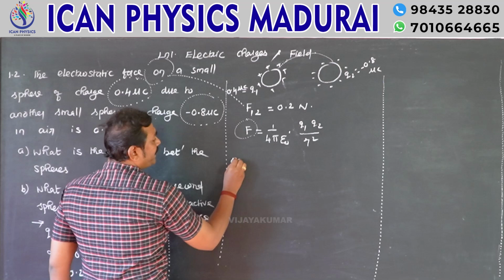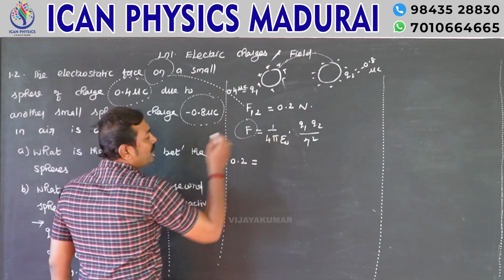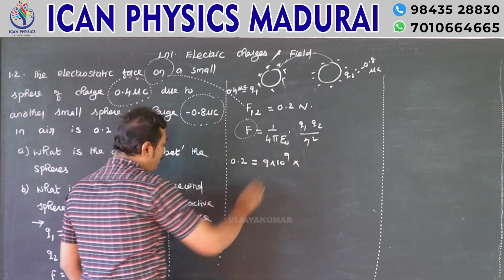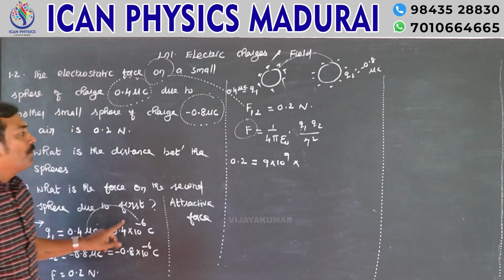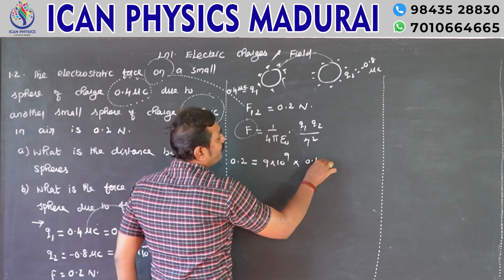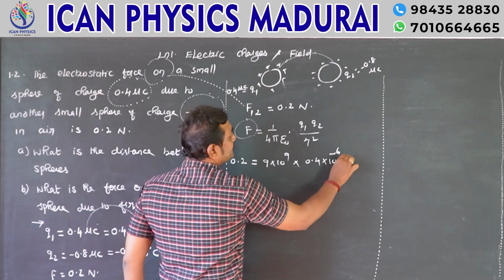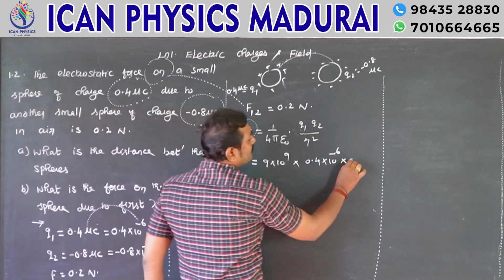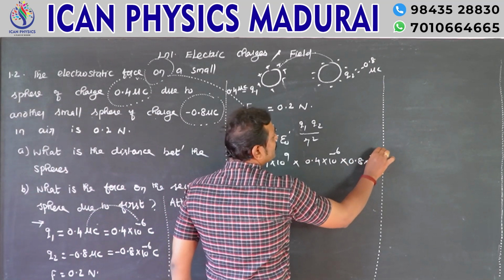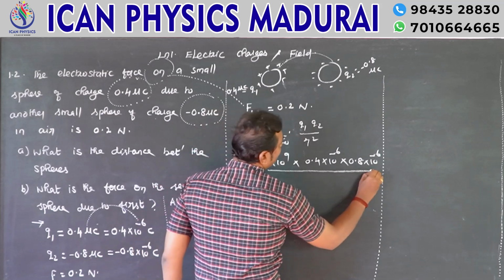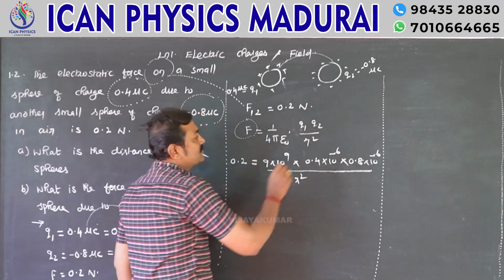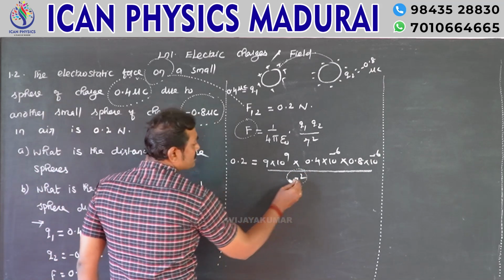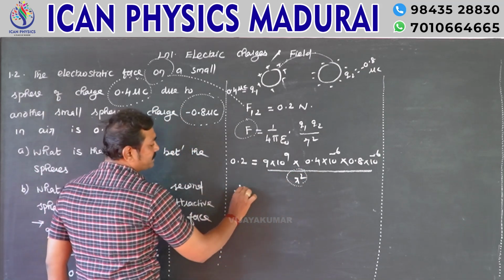That is 0.2 equals 1 by 4 pi epsilon 0, which is 9 into 10 to the power 9, into Q1, which is 0.4 into 10 to the power minus 6, into Q2, which is 0.8 into 10 to the power minus 6, divided by R square. So the distance is what we are going to calculate. The division by R square comes to this side as multiplication.